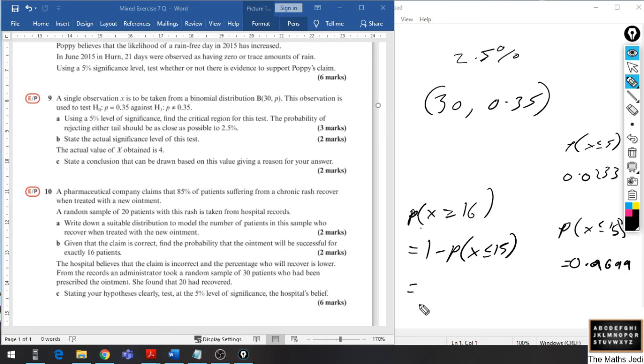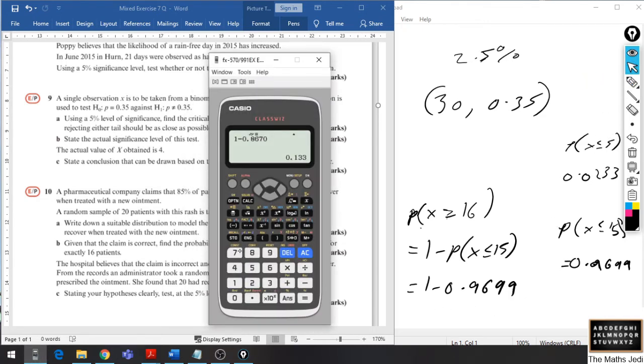So 1 minus this will give me the actual probability. So 1 minus 0.9699. Pull the calculator up to get that. And that's 0.0301, so quite close to 2.5%.